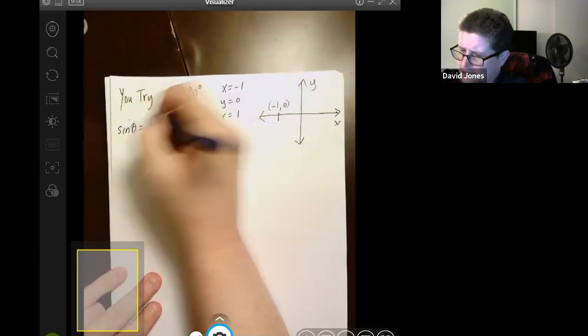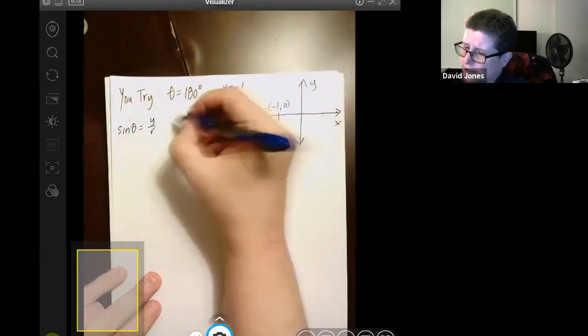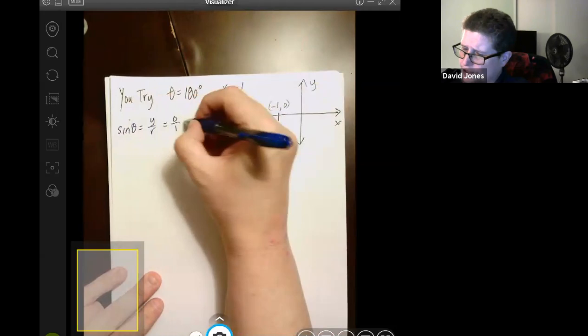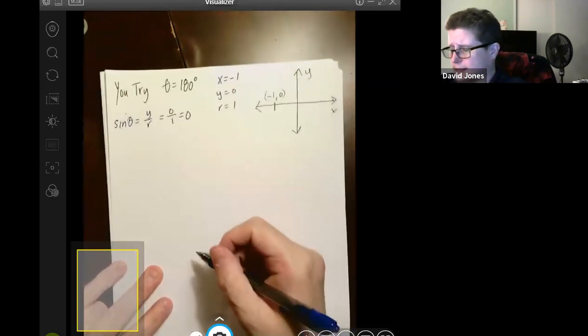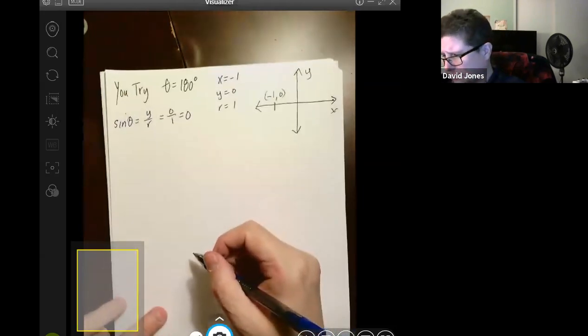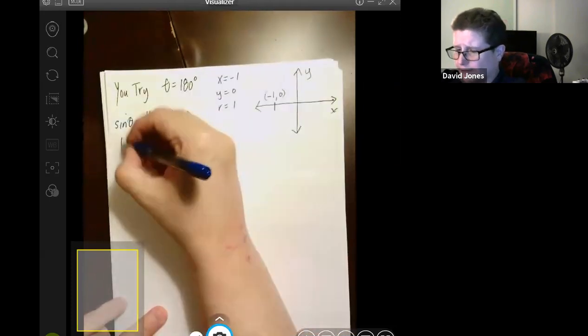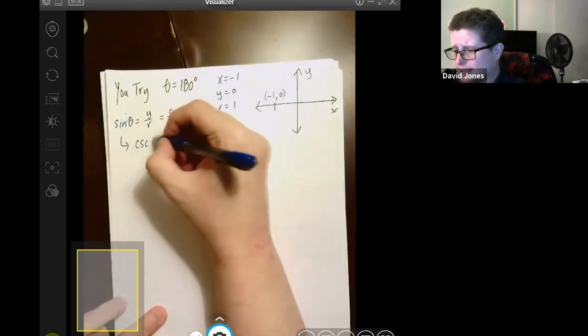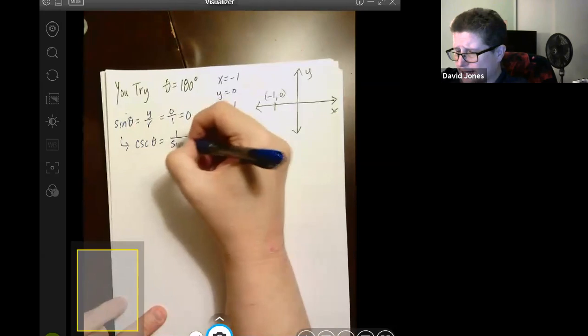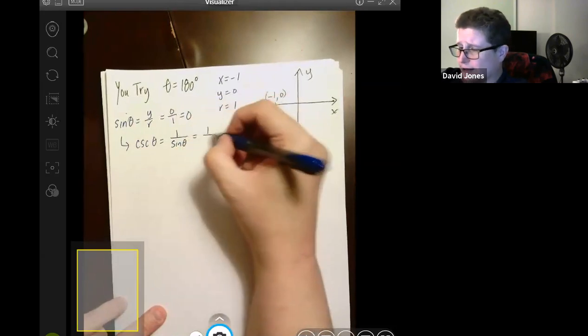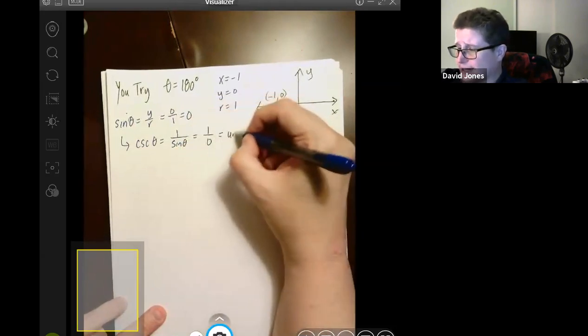Sine theta is y over r, which is 0 over 1, which is 0. If we flip that over, cosecant theta is 1 over sine theta, which is 1 over 0, which is undefined.